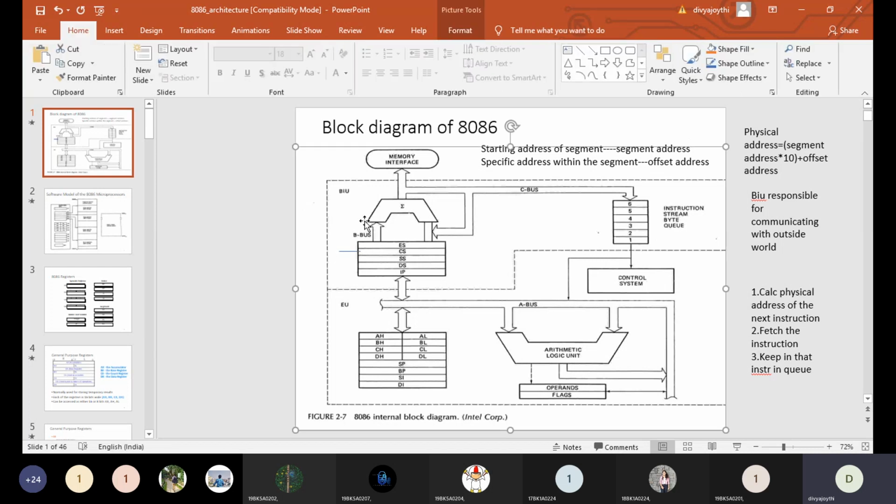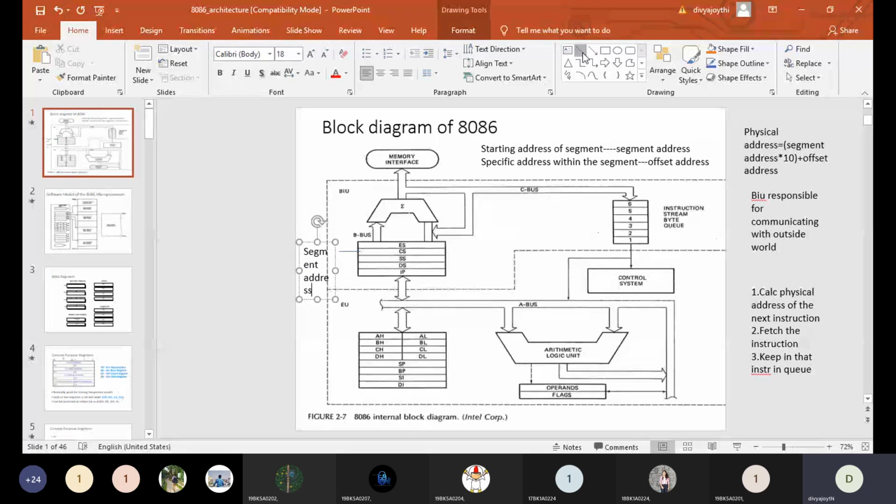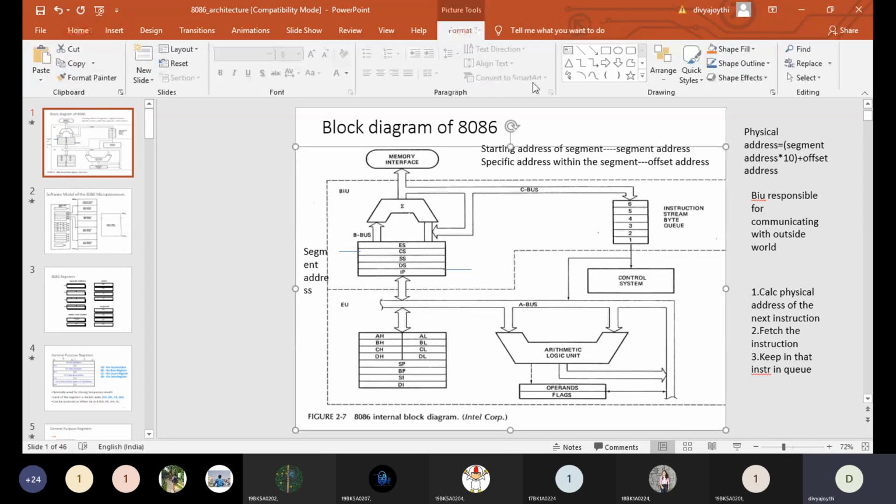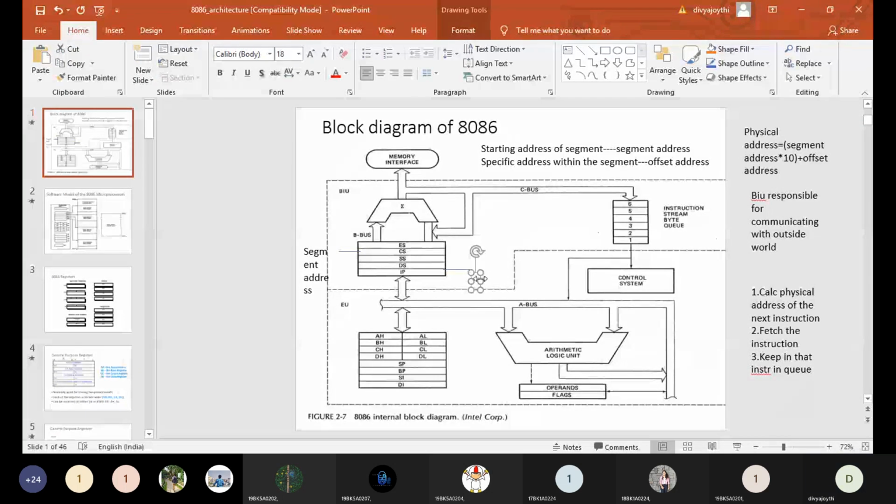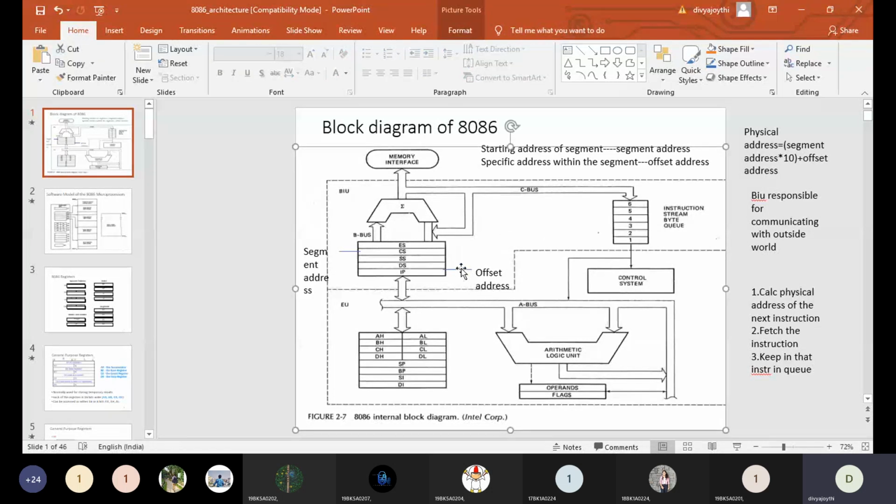CS, the code segment register, will give you the segment address, and in a similar way IP, the instruction pointer, will give you the offset address. Guys, did you understand who is going to provide the segment address and offset address for this summer?